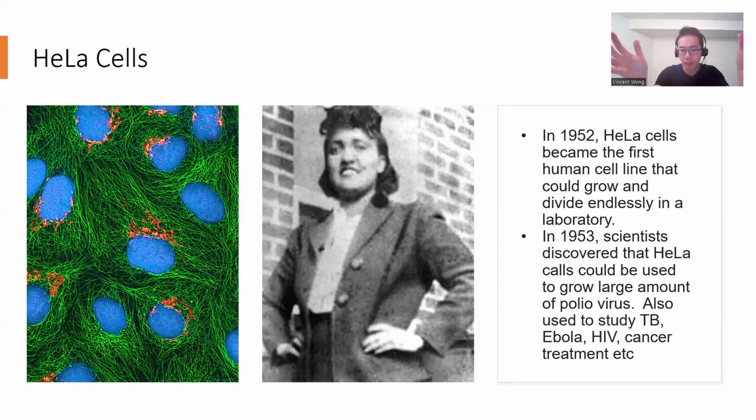The doctors found out that, unlike regular cells, these cancer cells don't die in the petri dish. As long as you feed them nutrients, they can divide and divide and divide, seemingly able to live forever. And that was how the first cell line was created.